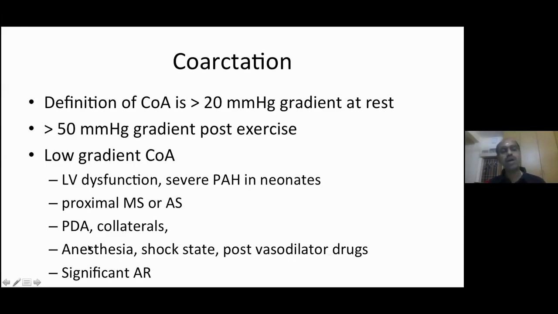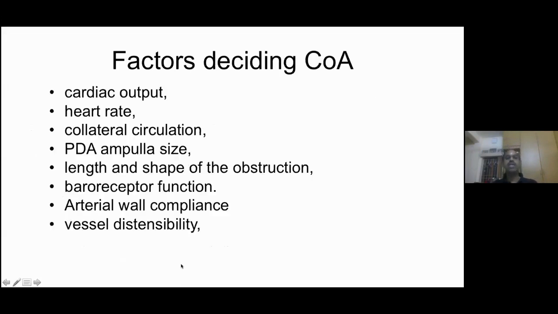When you have a coarctation and you put on anesthesia for a procedure, or if that particular patient is having a shock state or post-vasodilator drug, there may be low gradients. If the patient is having significant aortic regurgitation, again, that may be low gradients.